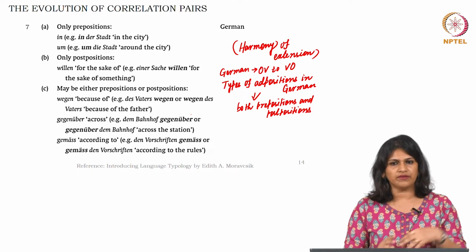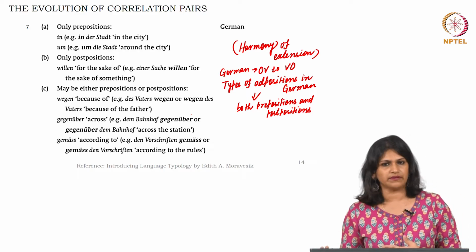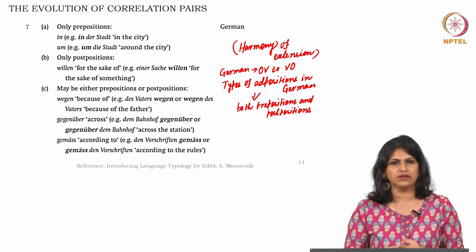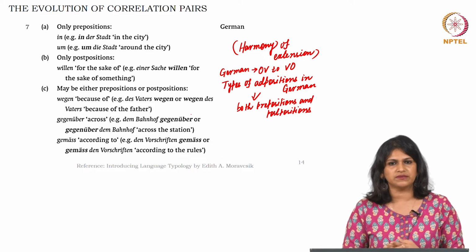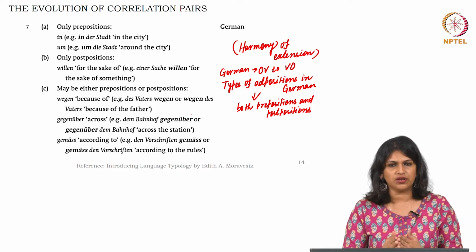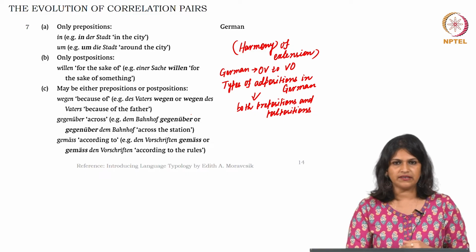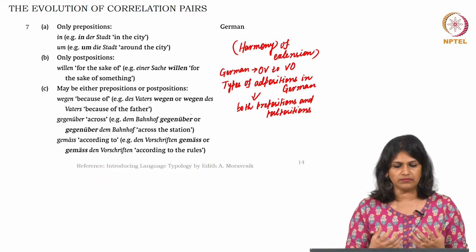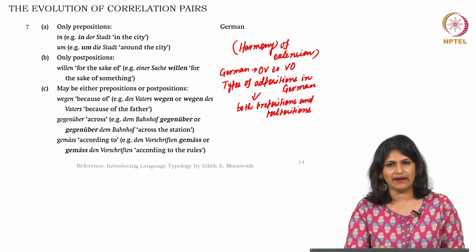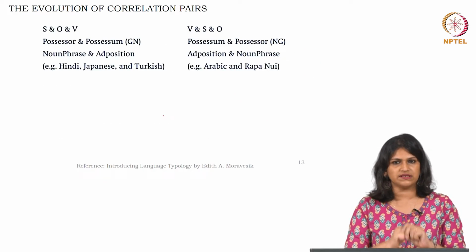One, borrowing from other languages, second might be the grammaticalization. So, these are the two possible reasons for which you have all kinds of word order patterns. Now, with this information, let us move to the correlation pair that we just noticed.